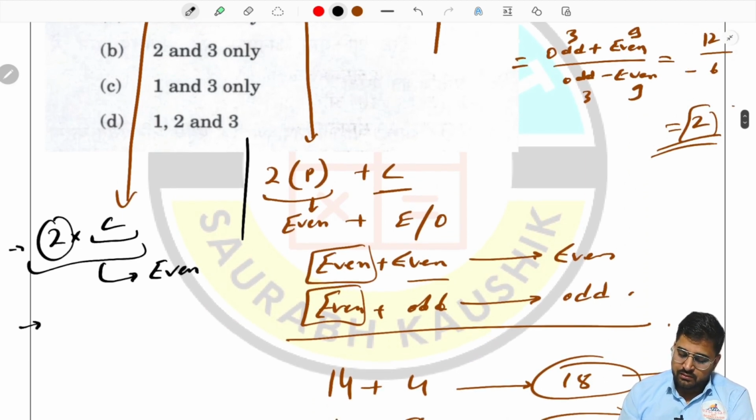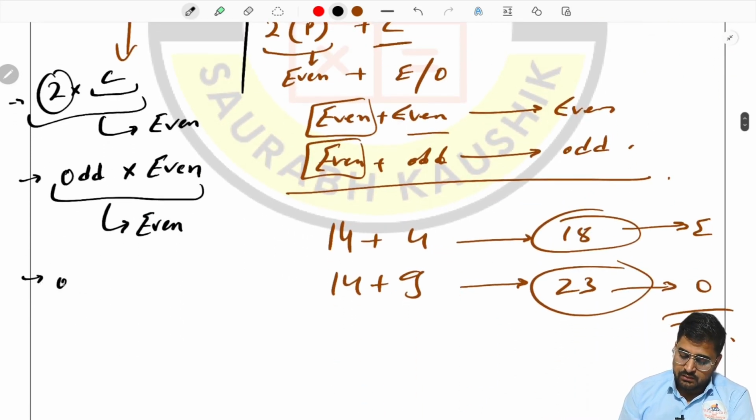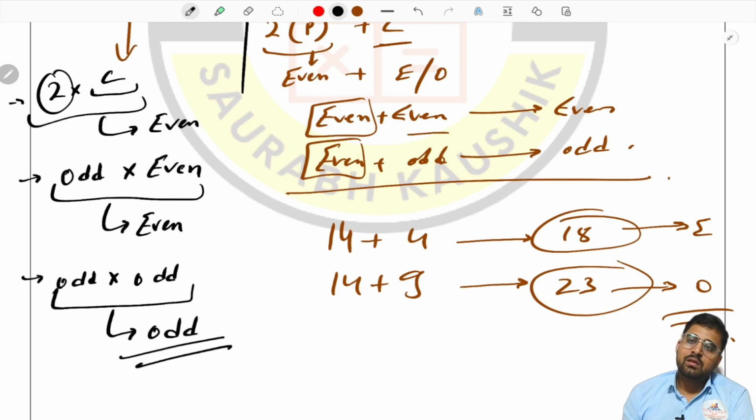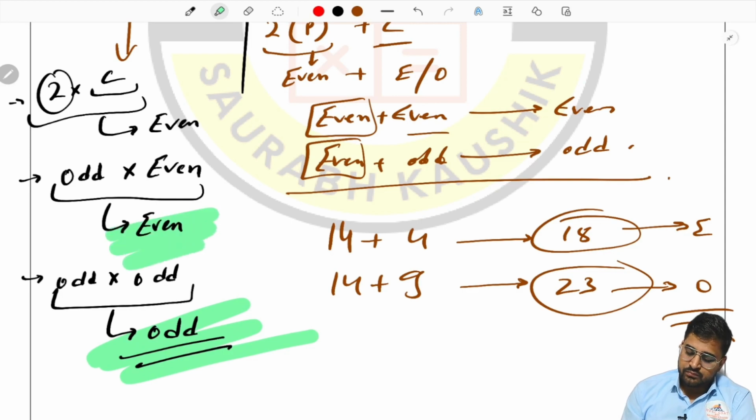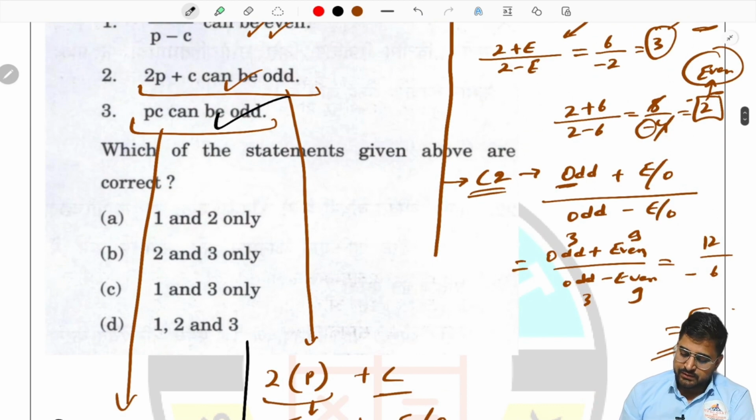In other cases, if p is odd and your composite number is even, then it gives you even. If it is odd and this is also odd, then it gives you odd. So both are possible again. So your statement C is also right. So the answer is D.